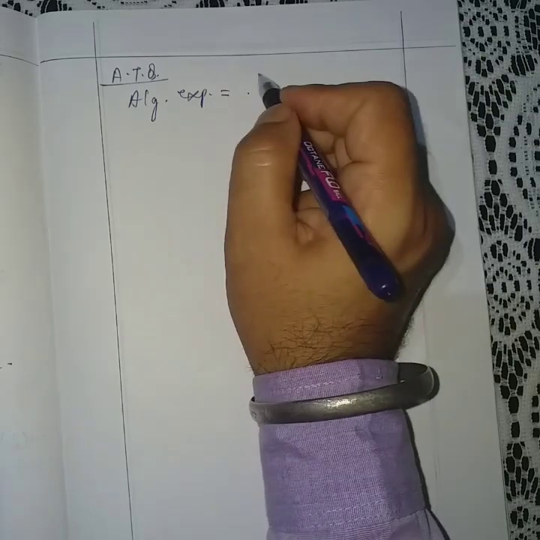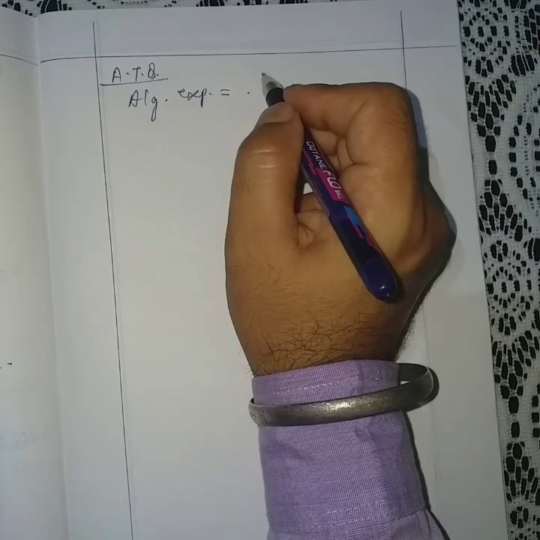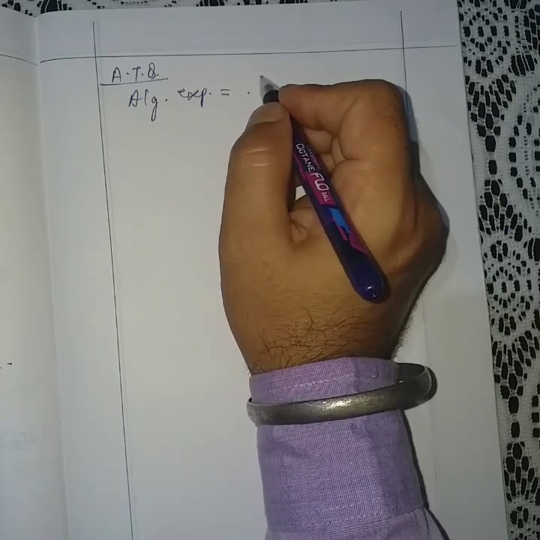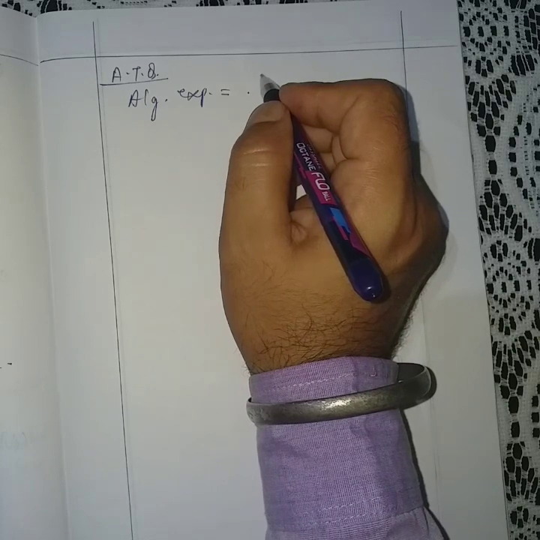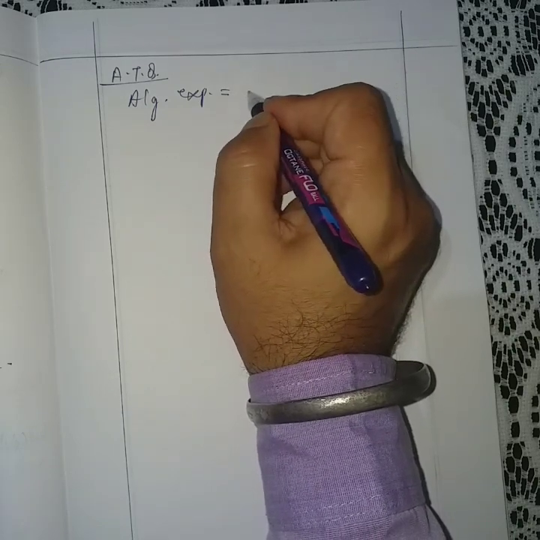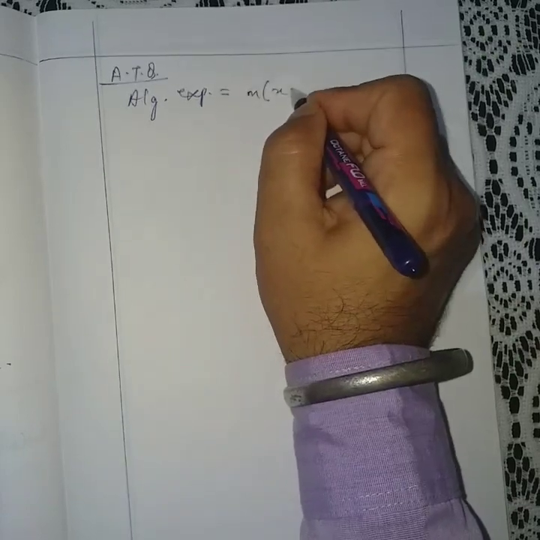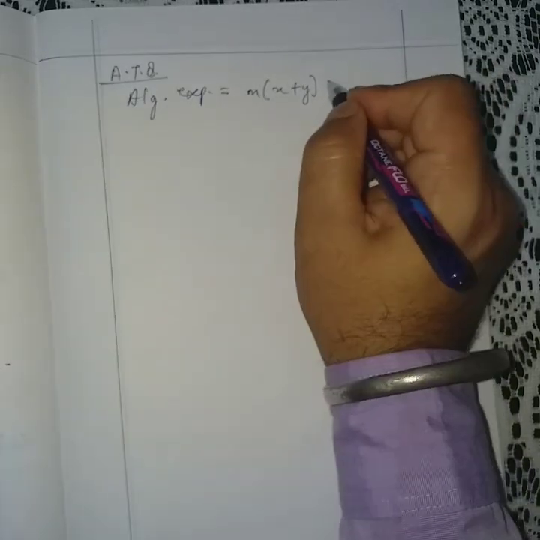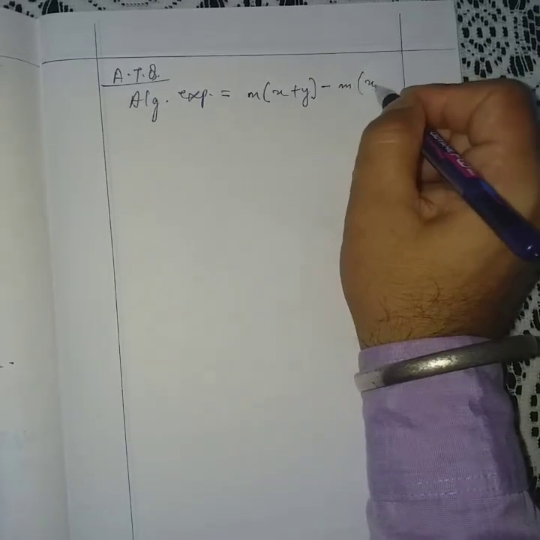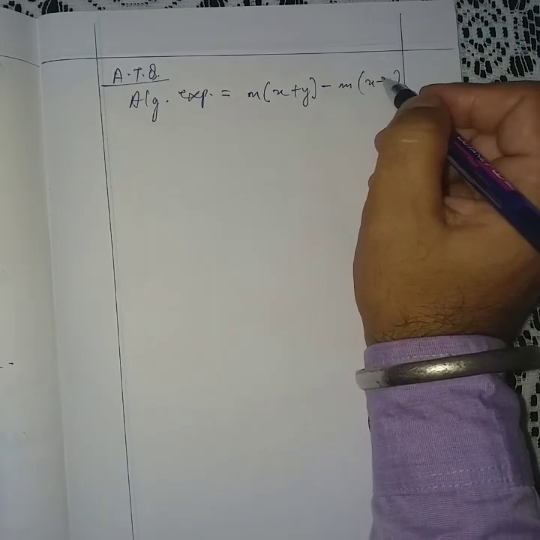It is given that the difference of x and y is subtracted from n times the sum of x and y. So that expression we'll write first: n times the sum of x plus y, minus m times the difference of x and y. Okay, so this is the algebraic expression here.